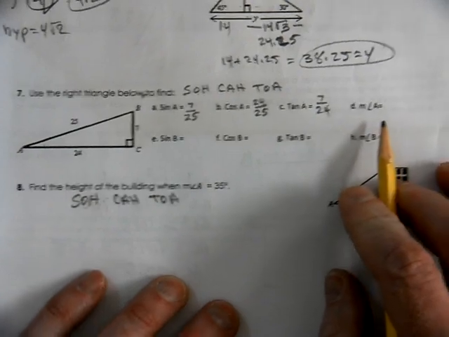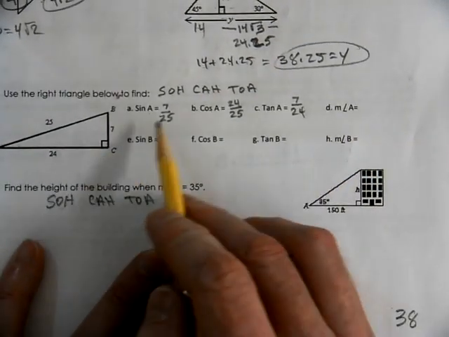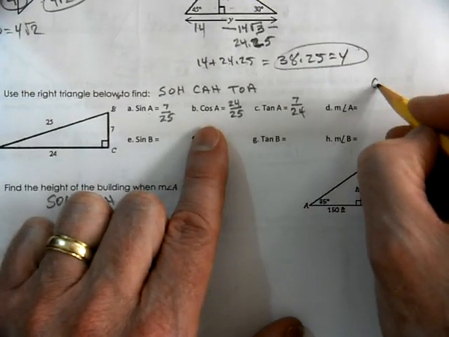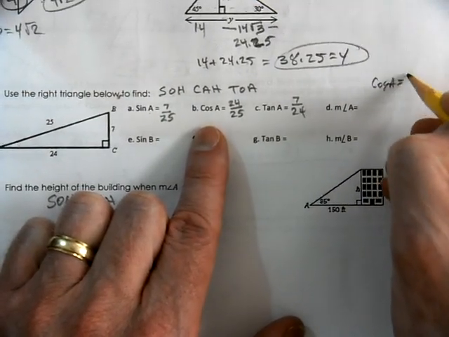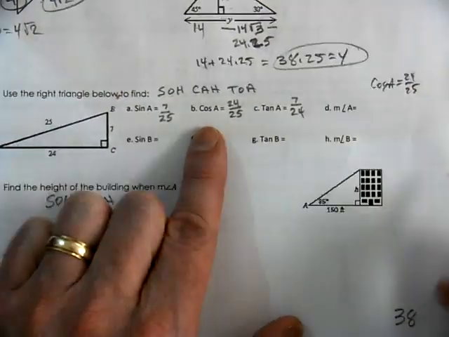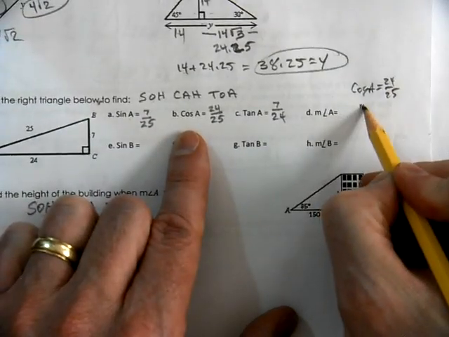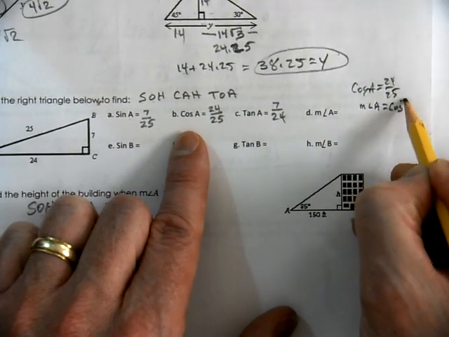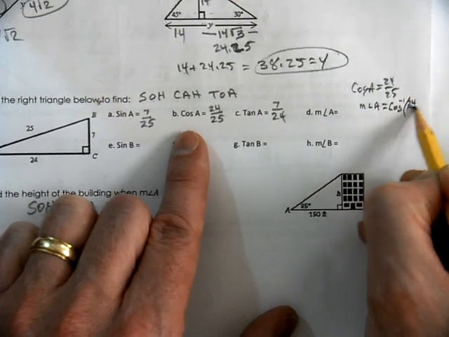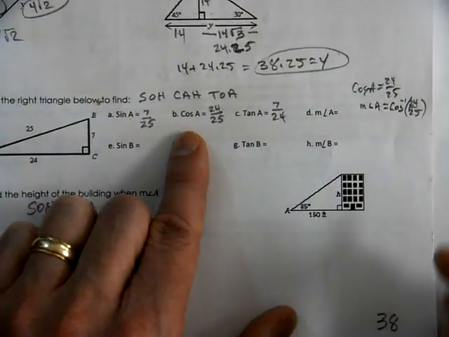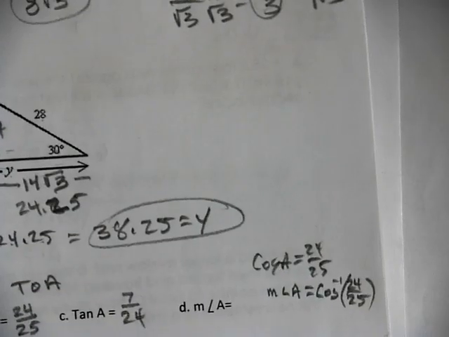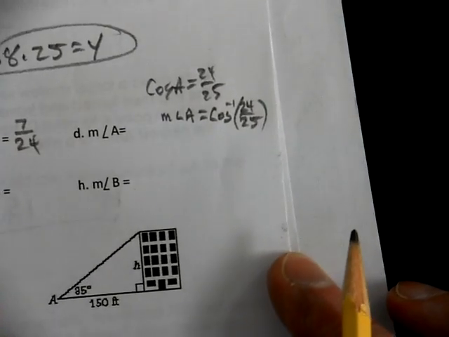If we wanted to calculate the angle of A, we could use any of those. Doesn't matter which one. So we have the cosine of A equals 24/25. We're going to get the measurement of angle A by itself, so we're going to use cosine inverse of 24/25. You can see it all calculated out.